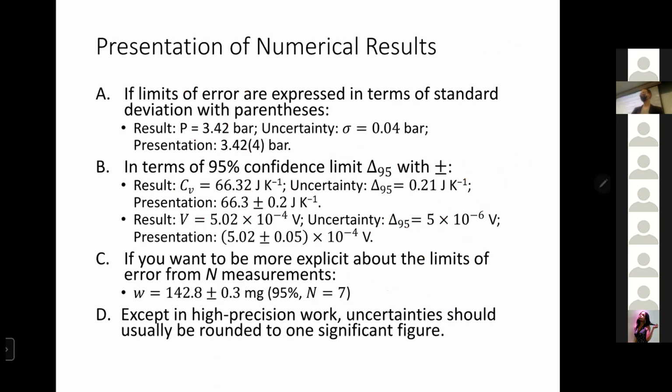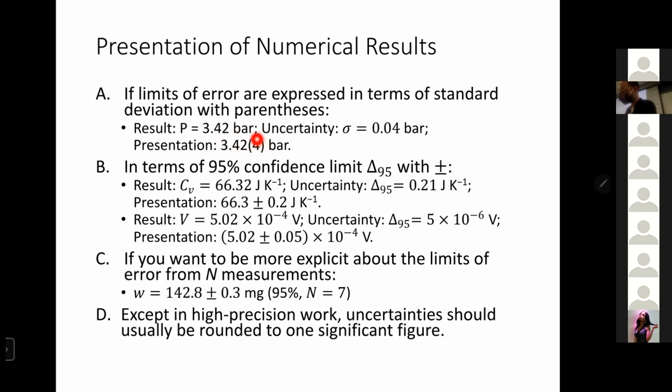Okay, so if you made this measurement and you wanted to present the results, how would you actually present it when you go to write a report? Well, there are various ways that you're going to see numbers with uncertainties presented. One way is to use this parentheses notation. You present a number and then you give a number in parentheses.